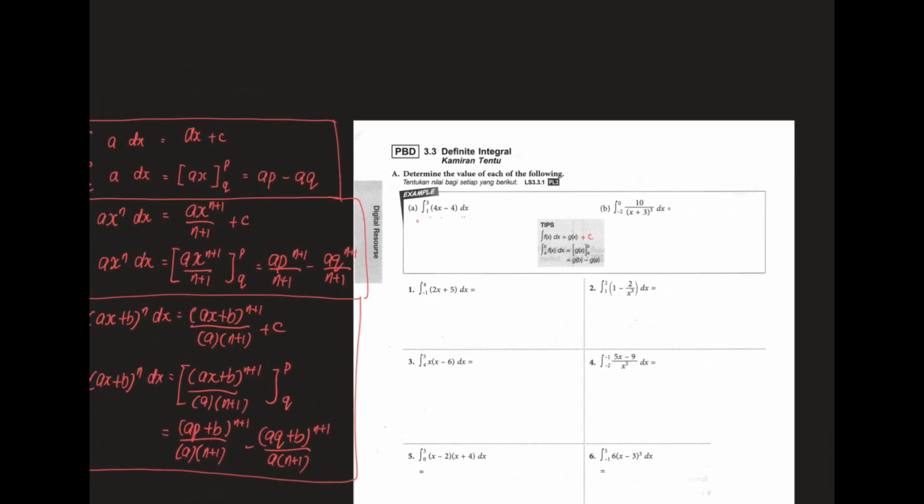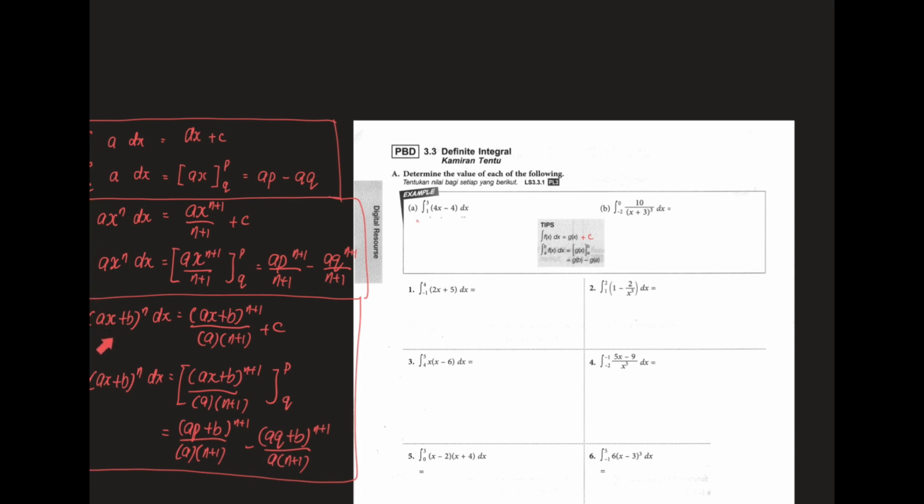Maybe you are wondering, for this example A, should I integrate it by using this formula followed by this formula? That means integrate 4x by using this formula, then integrate 4 by using this formula, integrate one by one, in other words.